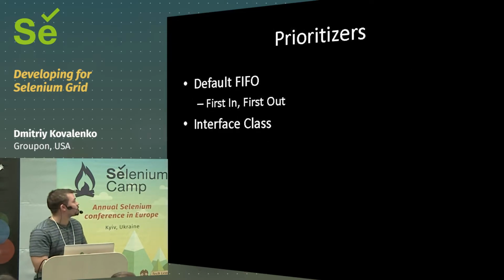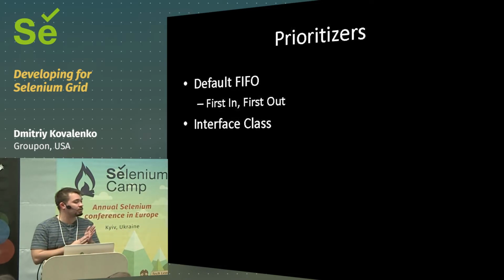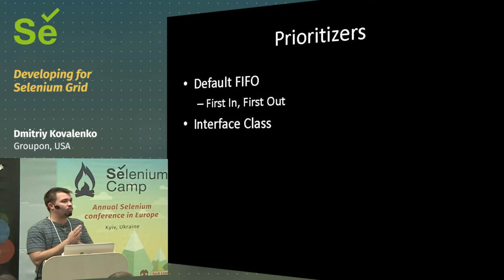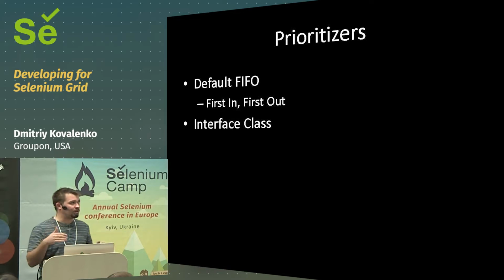Next is the prioritizers. By default, hub has FIFO, first in, first out prioritizers. And what that means is that whichever node registered first will always, well, there's a couple of things that are happening with a first in, first out.